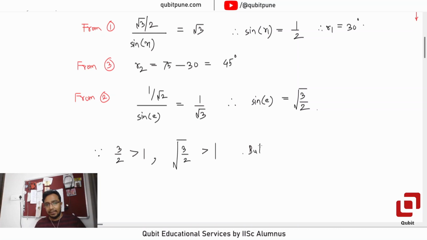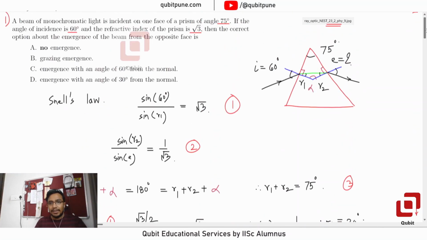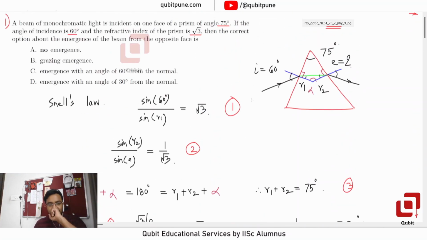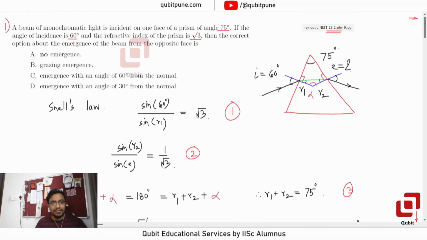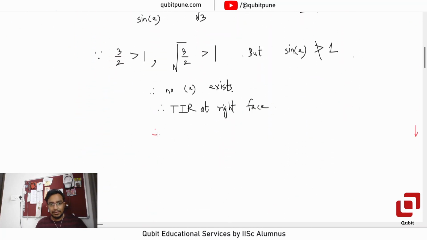But sine of E can never be greater than 1. So is such an angle possible with the given prism and angle of incidence 60 degrees? No, it's not possible. Therefore, no E exists. So the ray will undergo total internal reflection. But as far as the question is concerned, the correct option is A, no emergence.